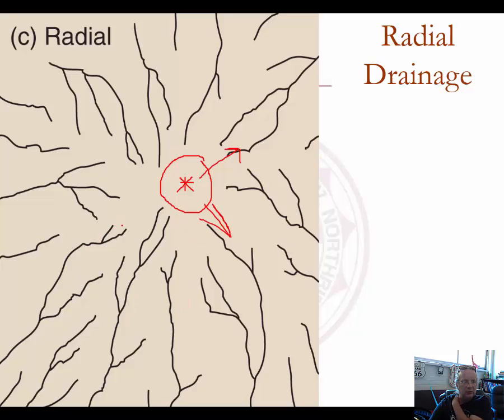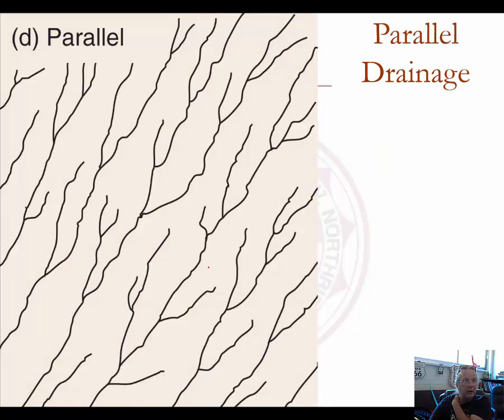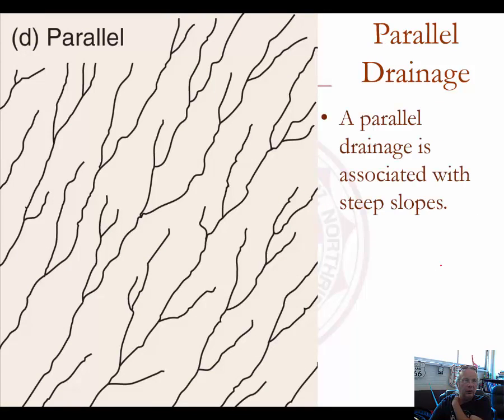But notice that this is also a kind of dendritic system moving away from this central peak. This is another kind of dendritic system, but one that is usually found on steeper slopes. So the pattern, the branches are narrow. So these would be sort of skinny trees if they were using the dendritic metaphor.